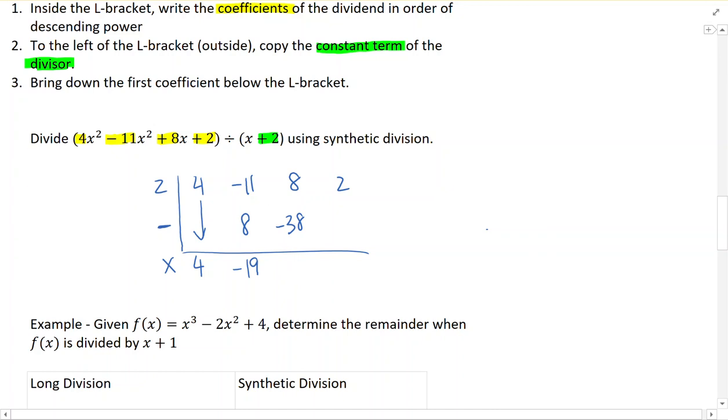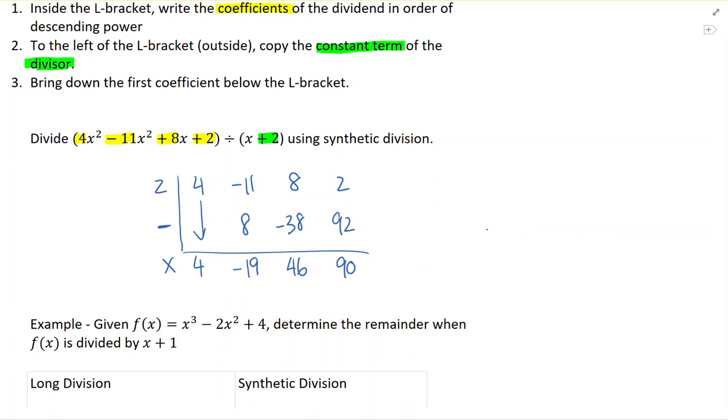Keep in mind, there's a minus negative. That's 46. So 2 times 46 is 92. 2 minus 92 is negative 90. Okay, that's synthetic division. Now, we've done this math.